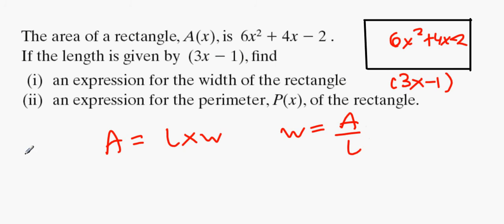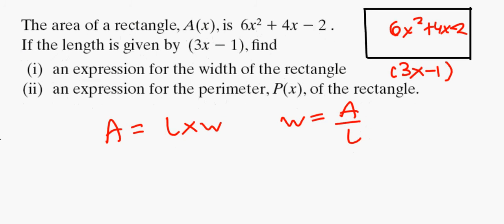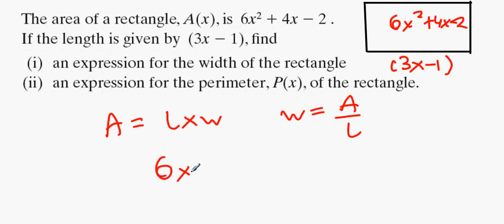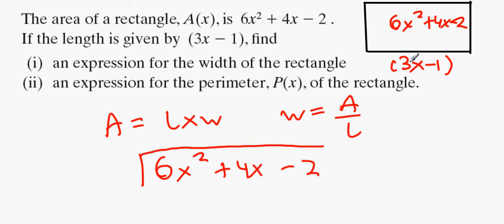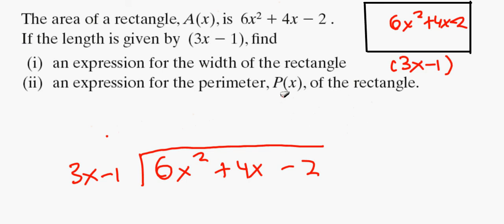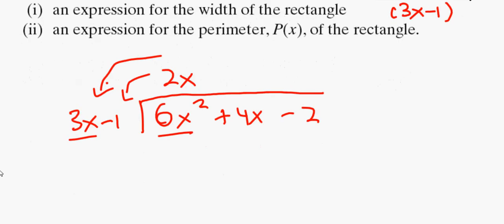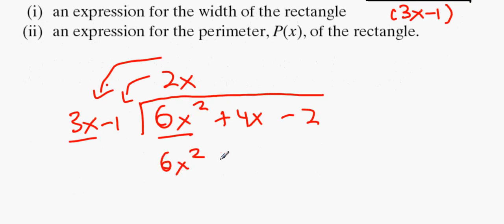Okay? So the way to write down this could actually be that you want to get the area and you want to divide it, and we've already done division today. You might want to divide it by 3x minus 1. Okay? And what you can do here then is you do what we did last time. 6x squared divided by 3x gets us 2x. Multiply 2x by everything down here, and what we end up with is 6x squared minus 2x.